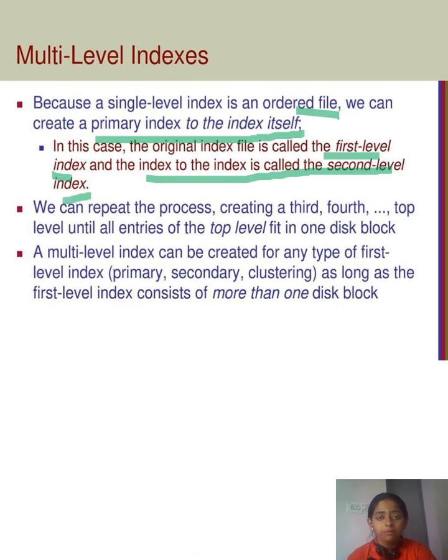We can repeat the process, creating a third, fourth, top level until all entries of the top level fit in one disk block. A multi-level index can be created for any type of first-level index, primary, secondary, or clustering, as long as the first-level index consists of more than one disk block.